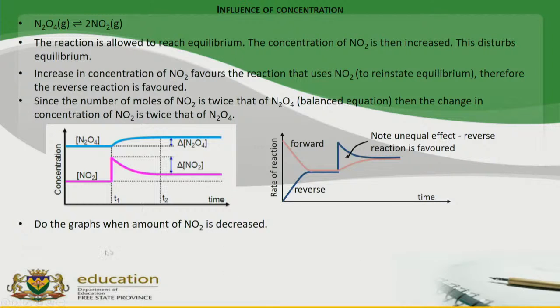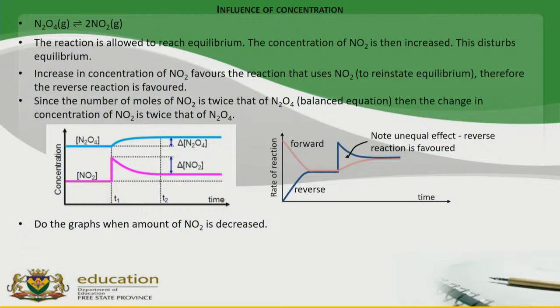Then N2O4 now increases, remember. Therefore, as the concentration of N2O4 increases, the rate of the forward reaction will now increase. Therefore, the rate of the forward reaction will increase, and the rate of the reverse reaction will decrease until a new equilibrium is formed.